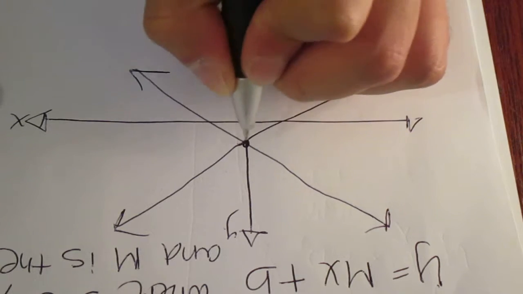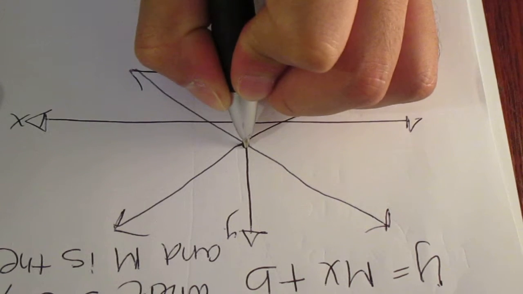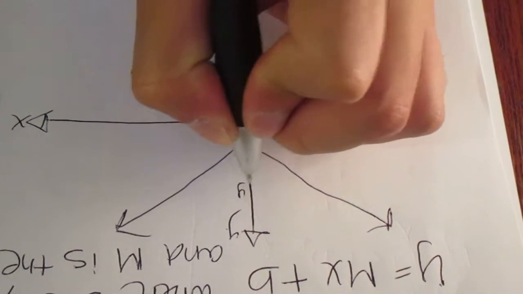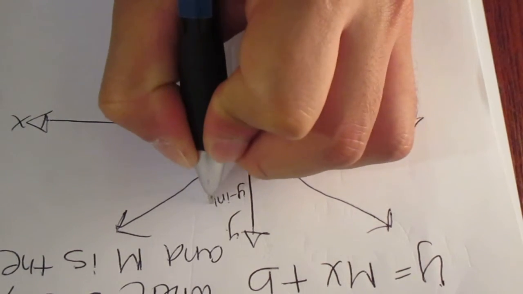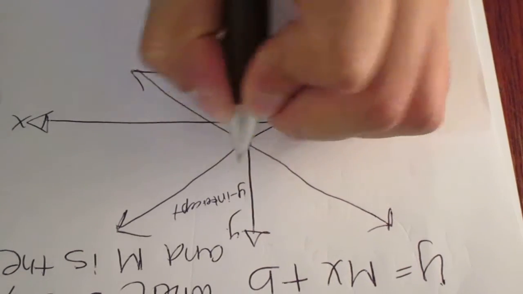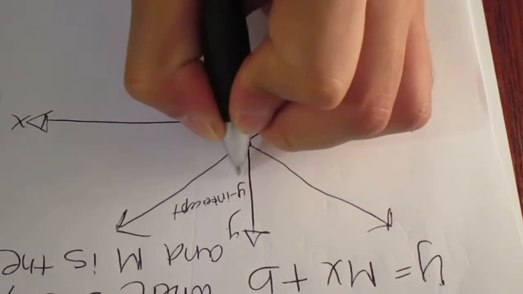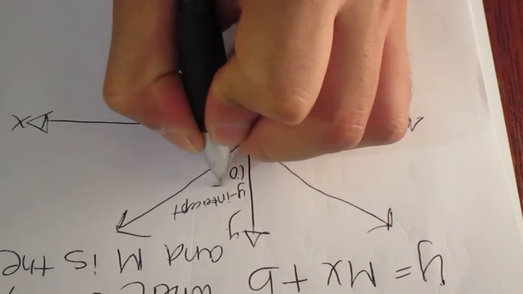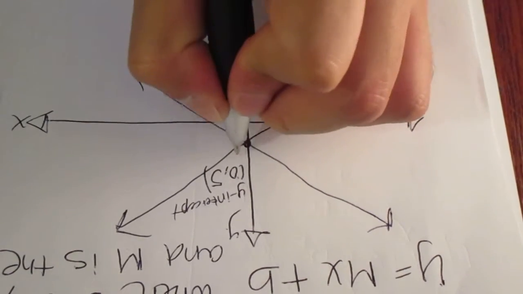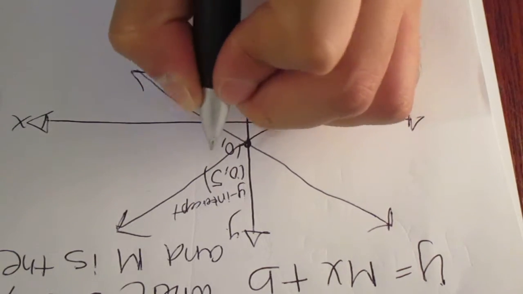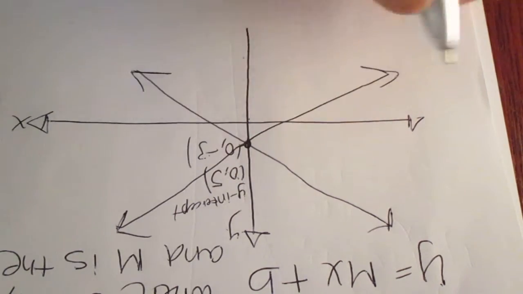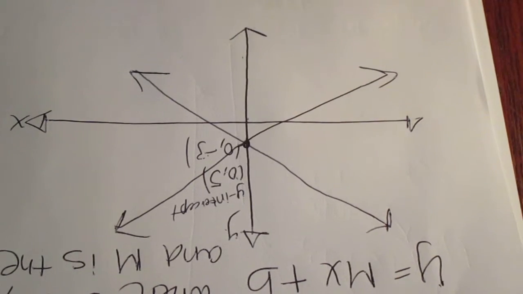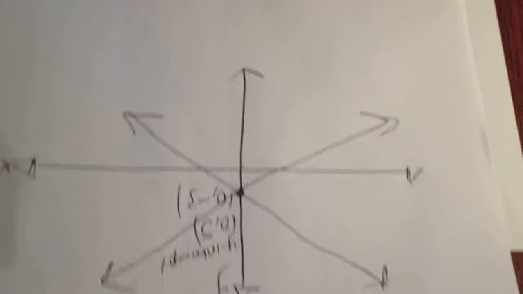It could be positive or negative. The y-intercept always starts with 0 and then some number, let's say 0, 5 or 0, negative 3. It's on the y-axis.